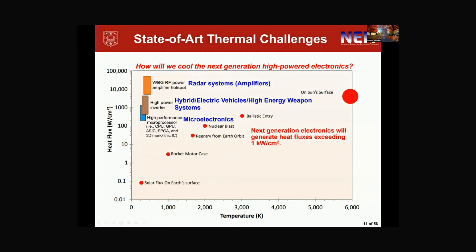But if you look at wide bandgap semiconductor devices, such as high power inverter systems found in hybrid electric vehicles and high energy weapon systems, we're talking about tens of kilowatts per square centimeter. So the conclusion here is that next generation electronics will certainly generate heat fluxes exceeding 1 kilowatt per square centimeter. Therefore, we really do need some very aggressive cooling strategies.